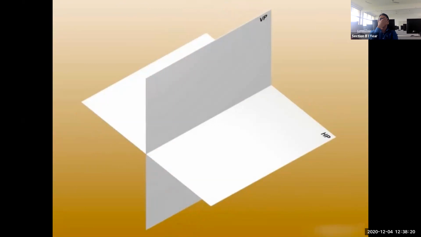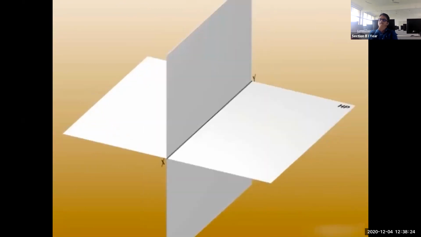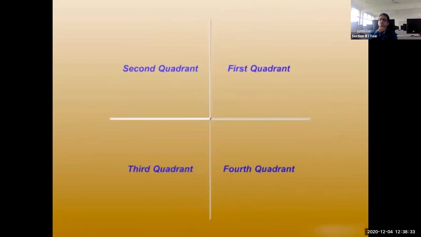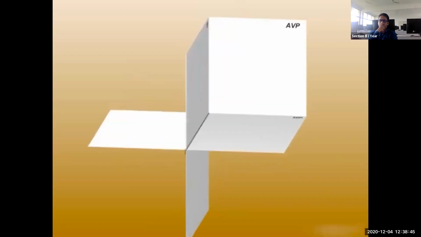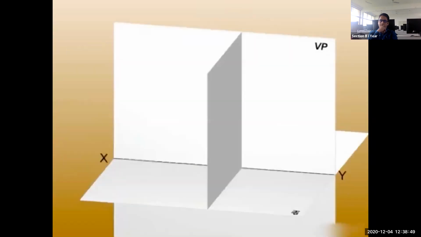The intersecting line XY is the reference line. These intersecting planes create four quadrants named as first, second, third, and fourth in anti-clockwise direction. There is one more plane known as auxiliary vertical plane AVP or profile plane PP. We use AVP when the view is from the left side or the right side of the object.